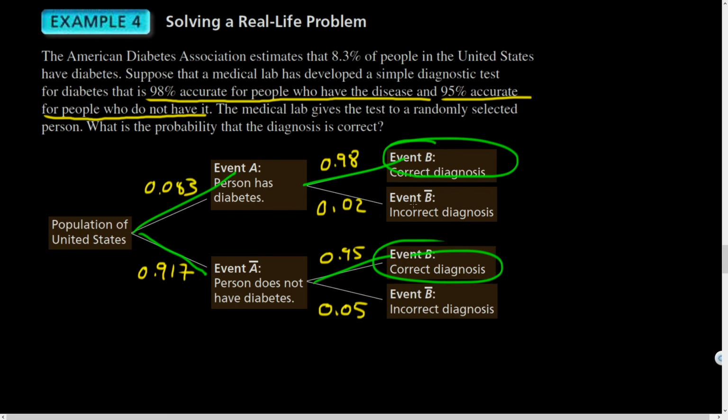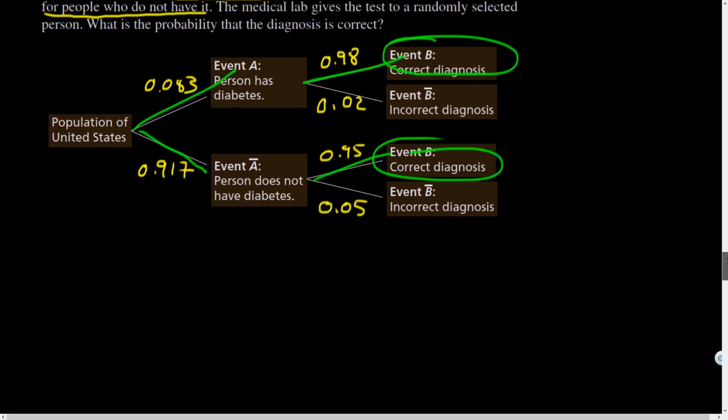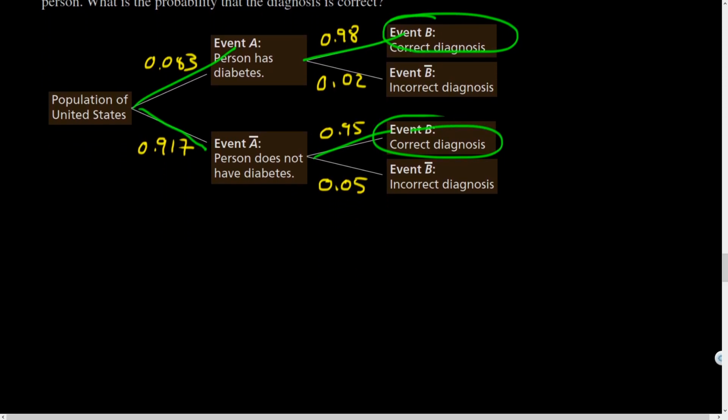All right. And so what would we describe this outcome as? Well, that's the probability that a person has diabetes and that they get the correct diagnosis.